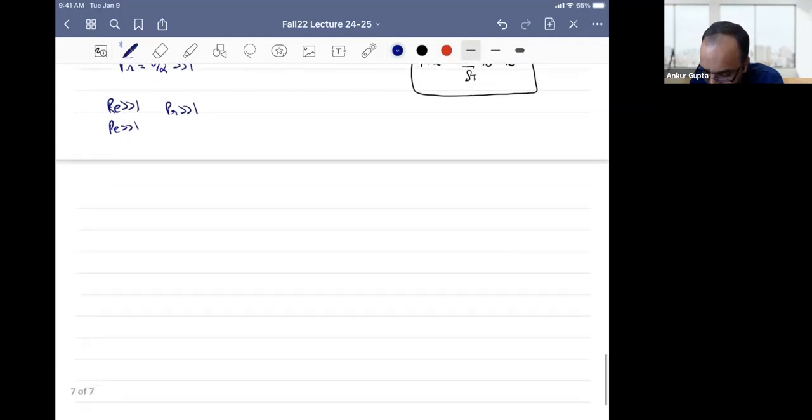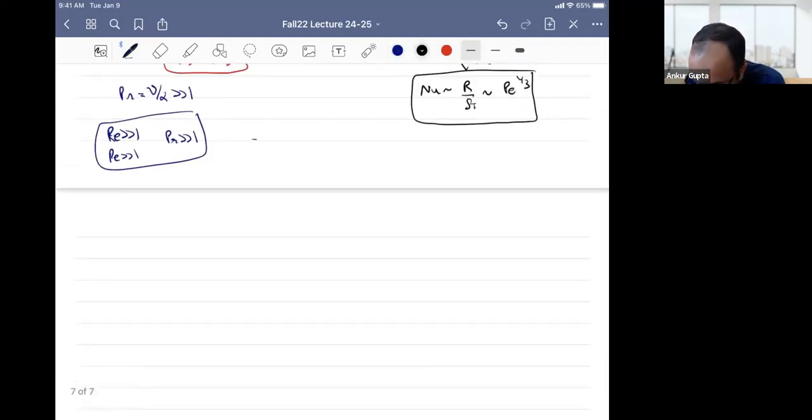So if we have this system, then I'll have two boundary layers. I'll have this to be delta T, and this to be delta M.